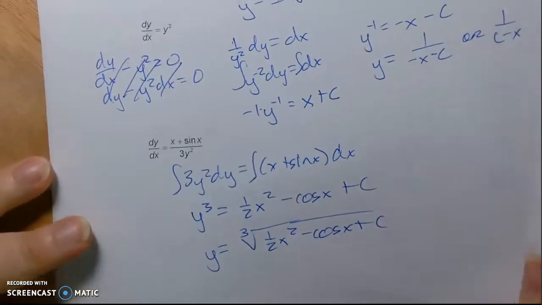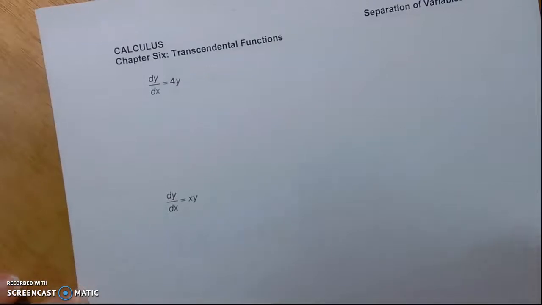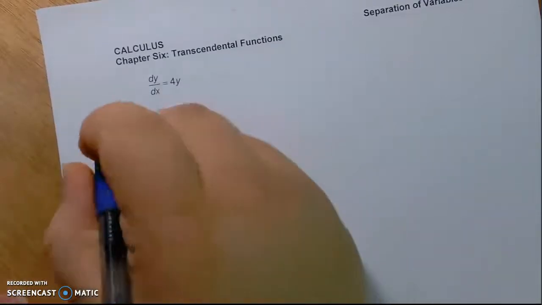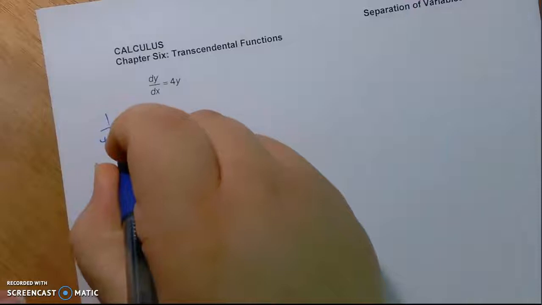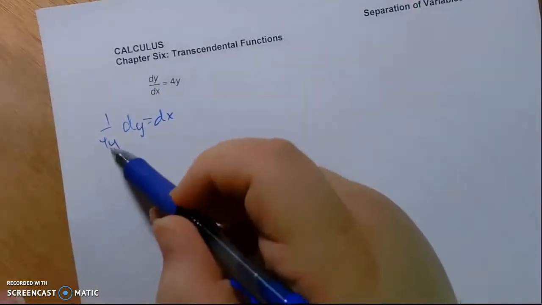So there's that. More separation of variables. Here we have dy/dx equals 4y. We have some options. We can either do 1/4y dy/dx, which is okay, but now we've got a 4y there.